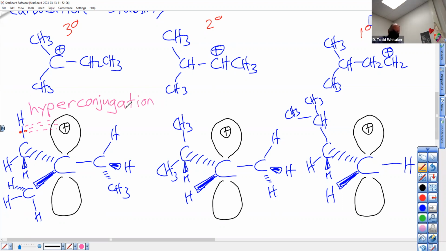Hyperconjugation is stabilization of a cation using sigma electrons on an adjacent carbon. Should I write that down?